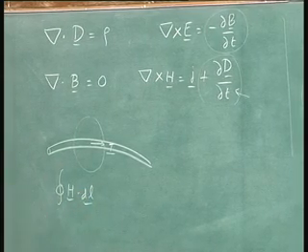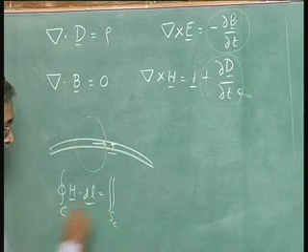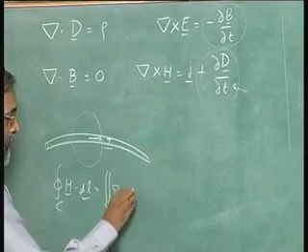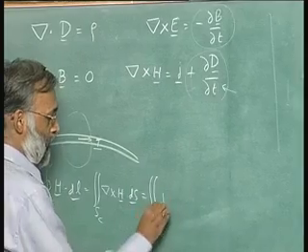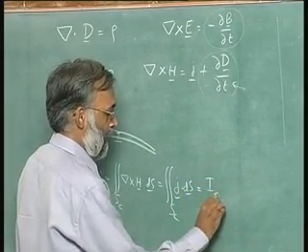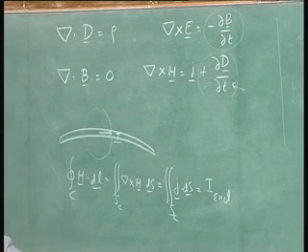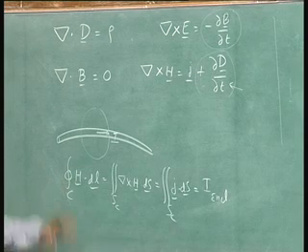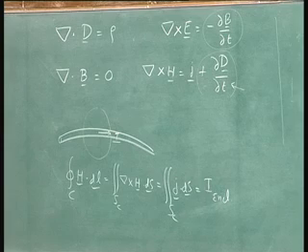If I do the loop integral of H dot dl, I know that this is equal to the surface integral over the surface connecting that loop of curl of H dot ds, which is equal to the surface integral of J dot ds, which is equal to the I enclosed. We have done this a dozen times now, and therefore, the loop integral of H dot dl ought to be giving me the same answer.